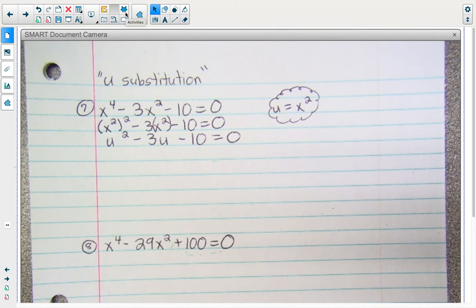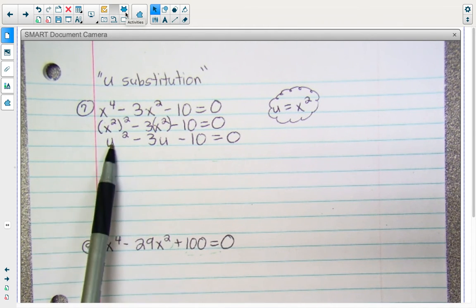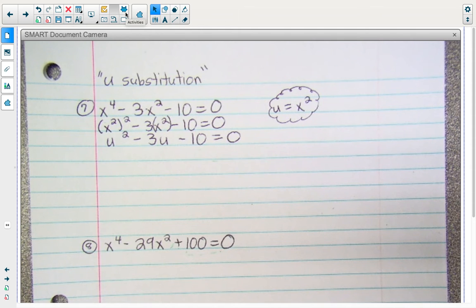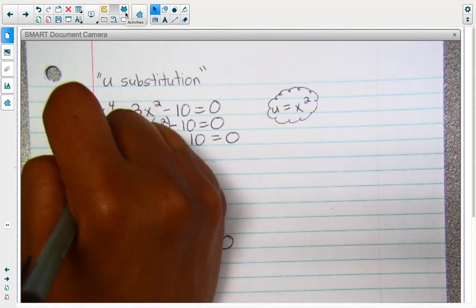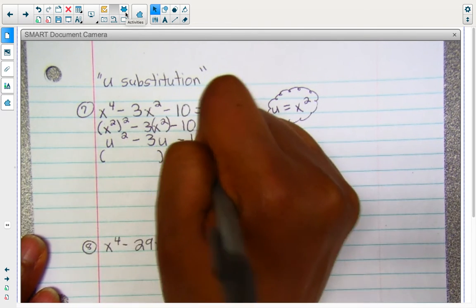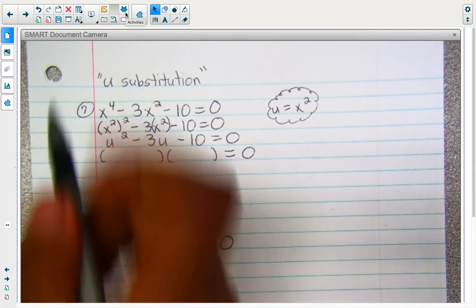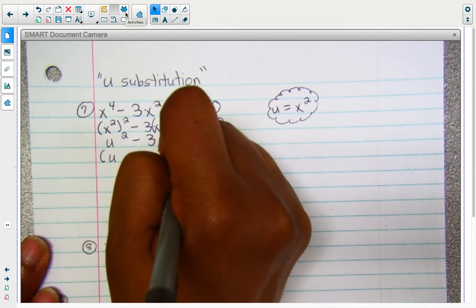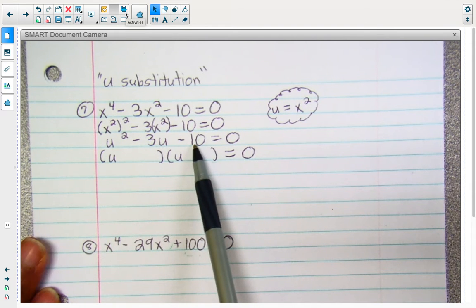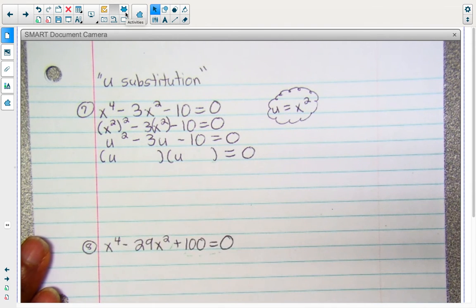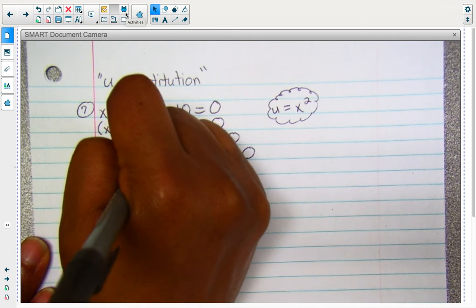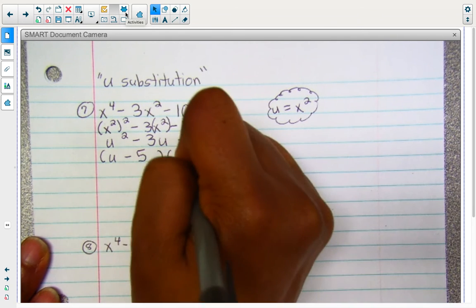Now we're going to factor this like normal because now it's u squared, and we're used to doing stuff that's squared. So we're going to factor it. Parentheses. Something times something has to give me u squared. That something is u. I need two numbers that multiply to give me negative 10 and add to give me negative 3. Those numbers are negative 5 and 2.